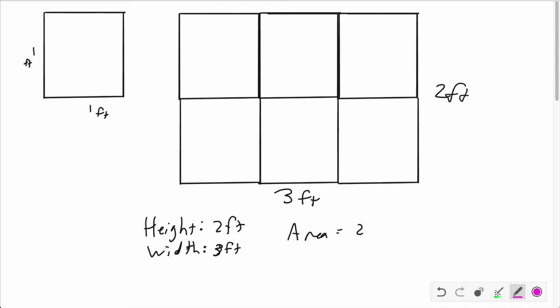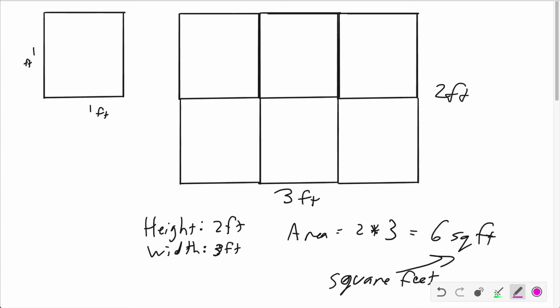That was 2 times 3 equals 6 square feet. So that says square feet. And what that means is it's literally 6 squares whose sides are 1 foot by 1 foot.